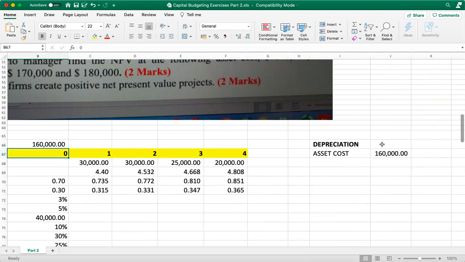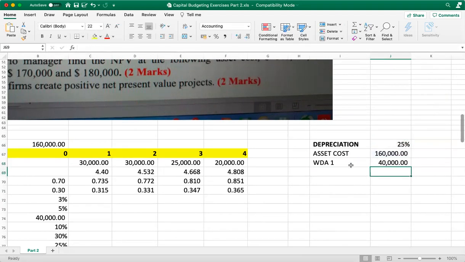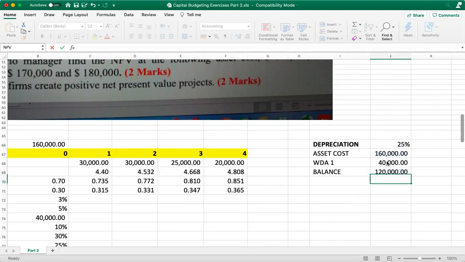Okay, so we are told depreciation is at 25% and it is on reducing balance basis. So we take down allowance for year one and it is 160,000 multiplied by 25%. That is 40. Balance. Our balance, writing down allowance for year one. So that is why it is called reducing balance method. So the next one, writing down allowance for year two, will be computed based on the new balance, which is 120,000.